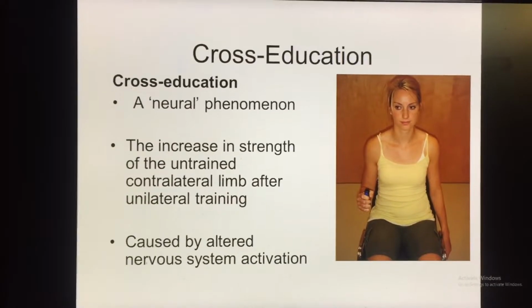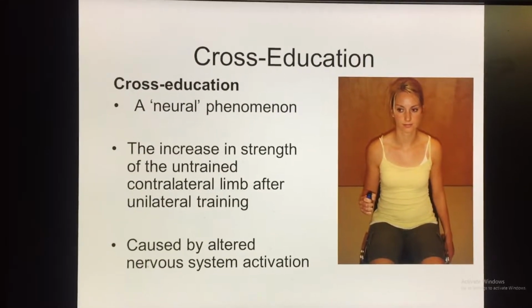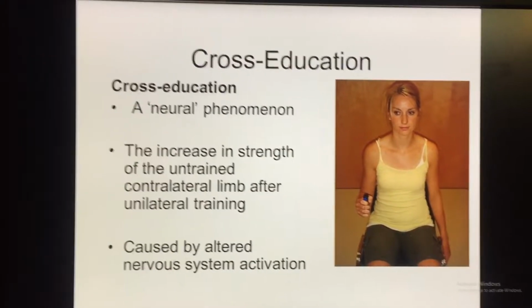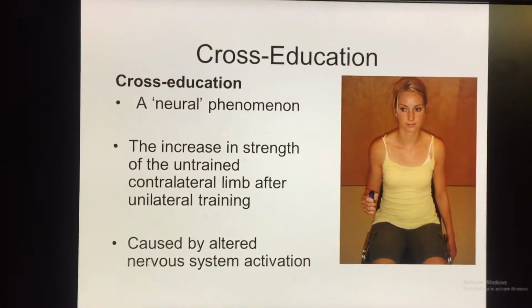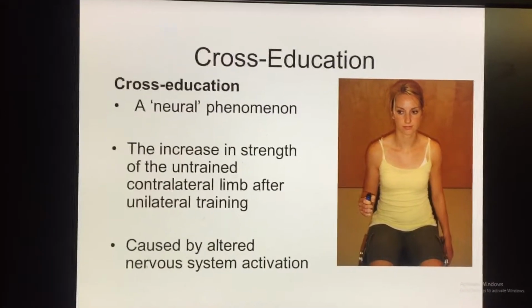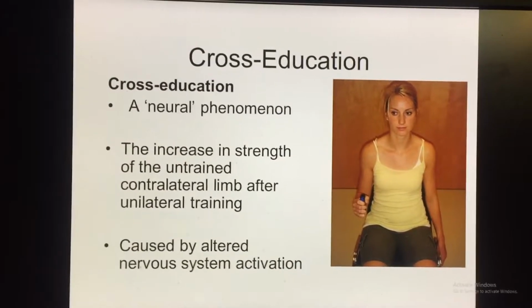Now I'm going to get into a new topic here called cross-education. And this is another neurophenomenon, or more evidence that the nervous system is involved during exercise training. So cross-education refers to the increase in strength of the untrained contralateral limb after unilateral training.